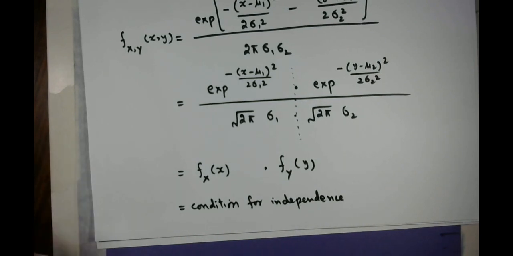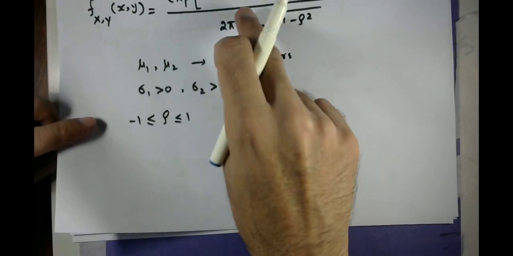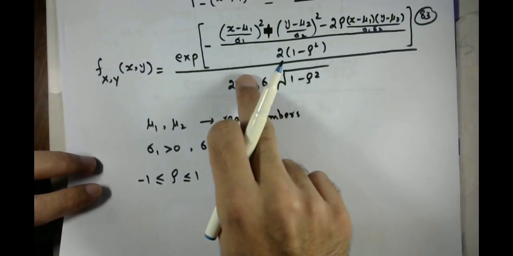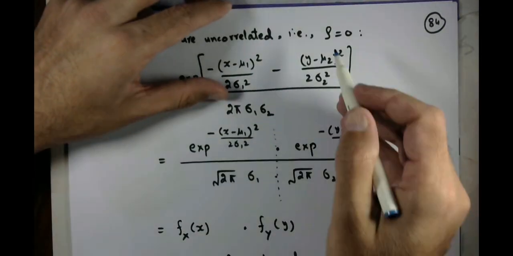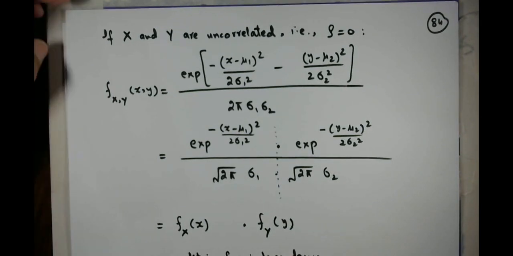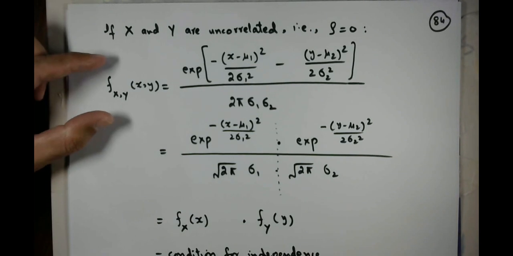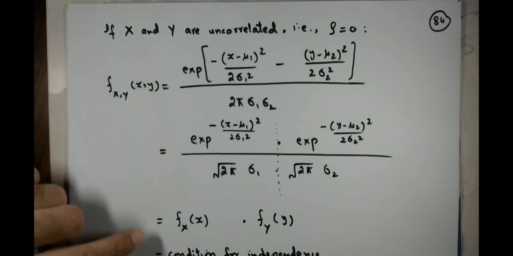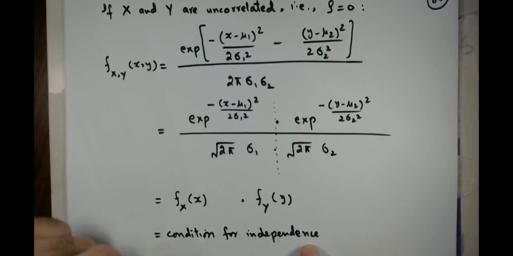And so we can now conclude, since we have been able to write the giant bivariate Gaussian distribution of x and y, by putting rho is equal to 0, or in other words we say that x and y are uncorrelated, the general expression turns out to be this, and which ultimately leads us to this particular product, which is nothing but a condition for independence.